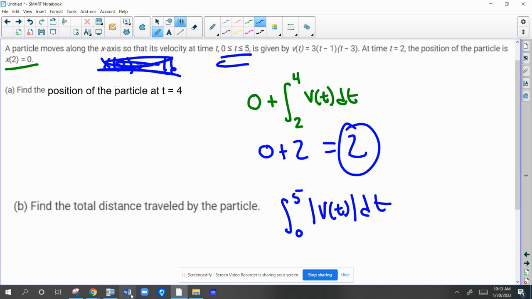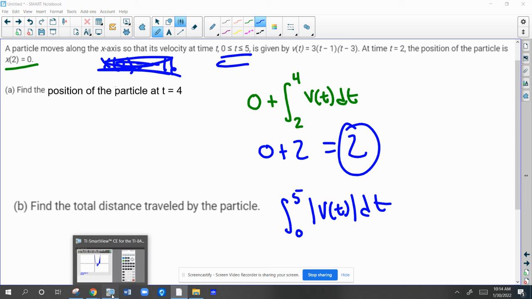I'm going to do that in the calculator. Now, if I didn't have a calculator, I'd have to figure out where this is negative, which is from 1 to 3, because I know the intercepts. I know it's a parabola, it opens up. And that part of the integral I'd have to take the opposite of. But that's for a different video.